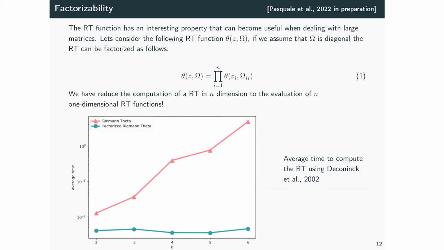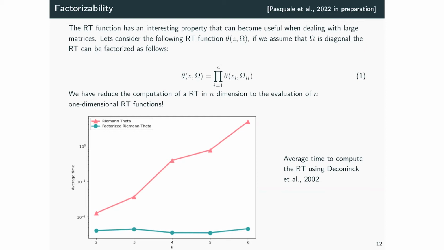And in this case, we get this nice property here, where we can see that the Riemann theta function factorizes into this product of one-dimensional Riemann theta functions. And this is actually what we want, because as I show you in this plot here, there is a difference in the computational times when computing a standard Riemann theta function, assuming that omega is still diagonal.